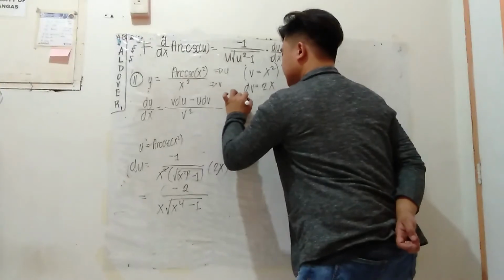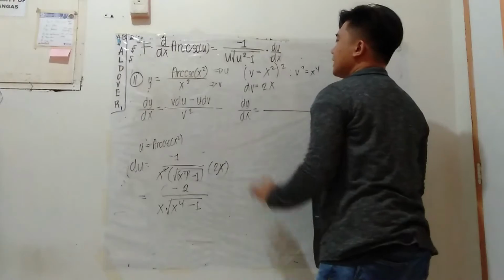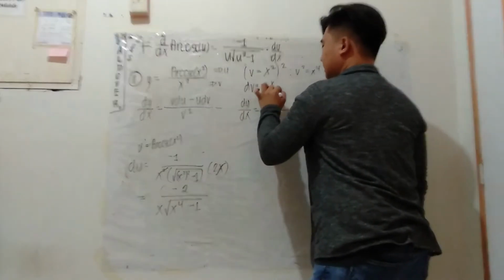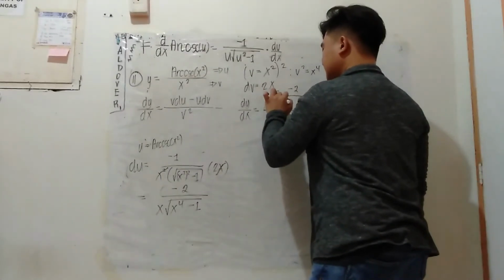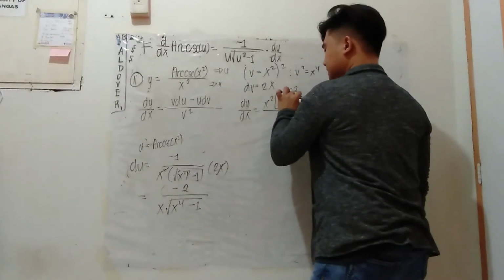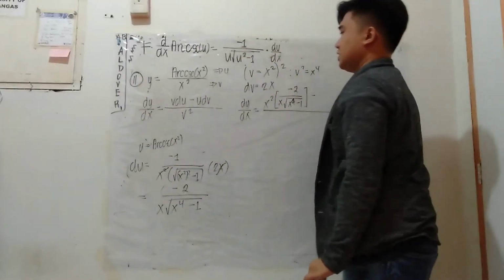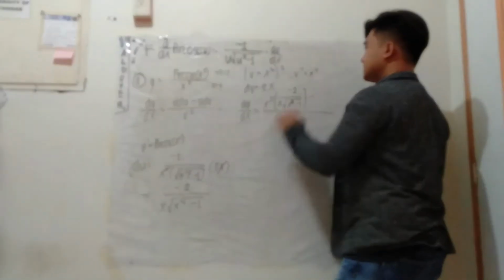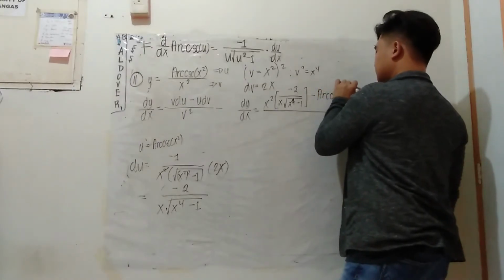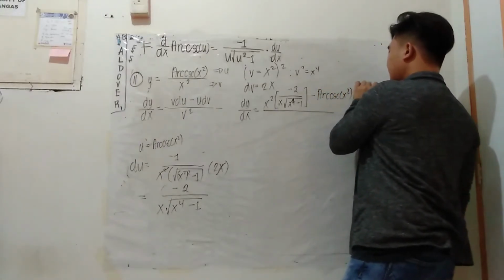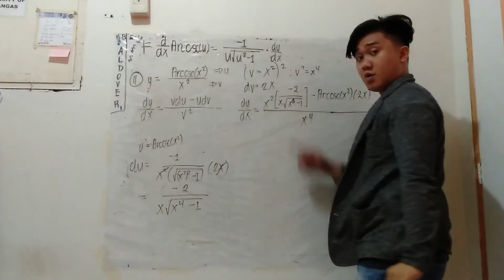Then, dy over dx is equal to v, which is x squared, times du, which is negative 2, all over x square root of x raised to 4 minus 1, minus u, which is arc cosecant of x squared, times dv, which is 2x, all over v squared, which is x raised to 4.